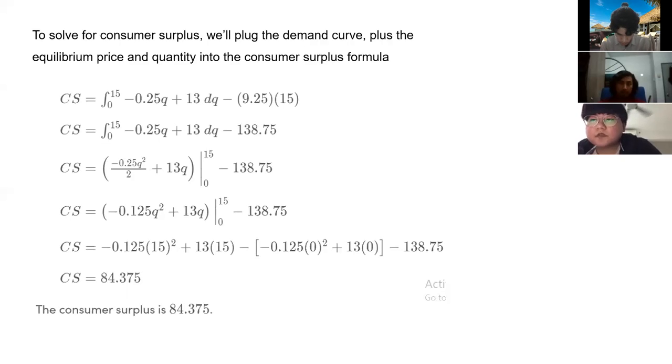So we solve CS equals 18.4375. The consumer surplus is this, 18.4375. So next.